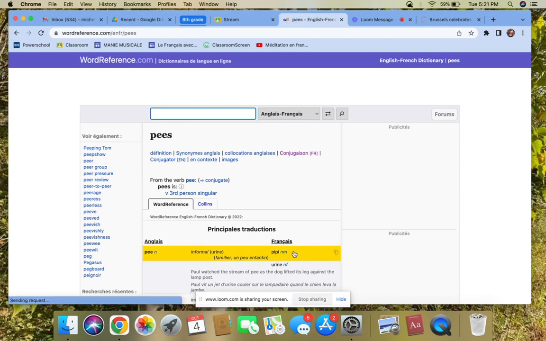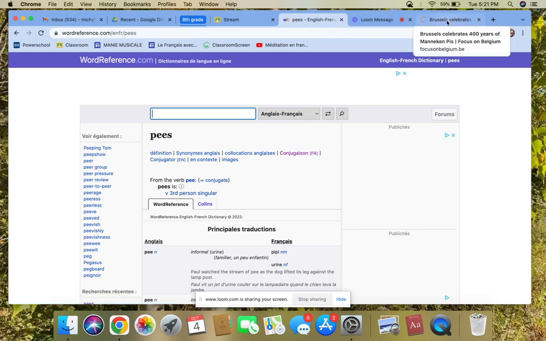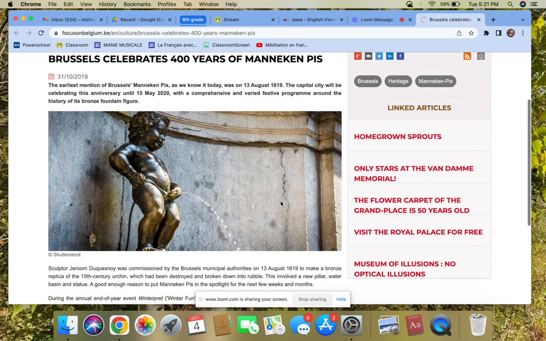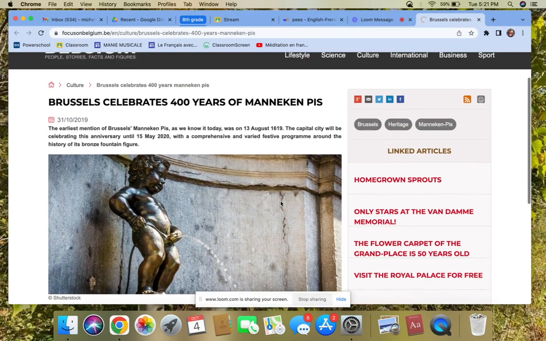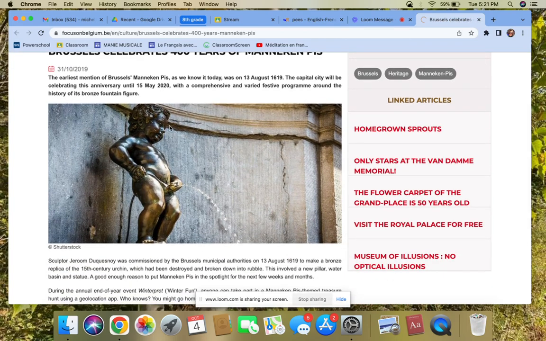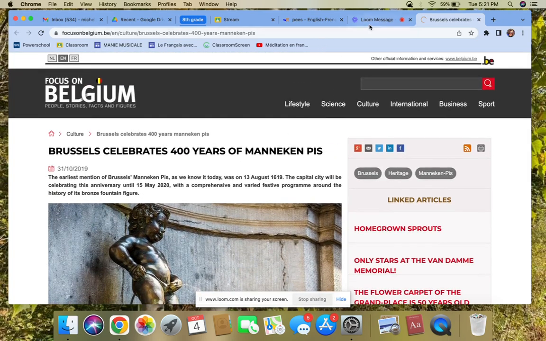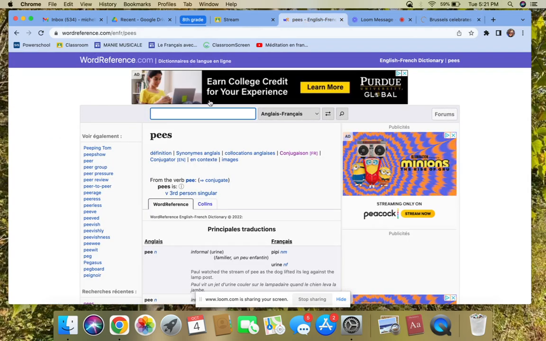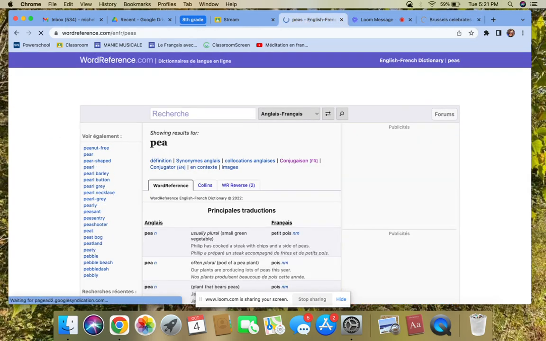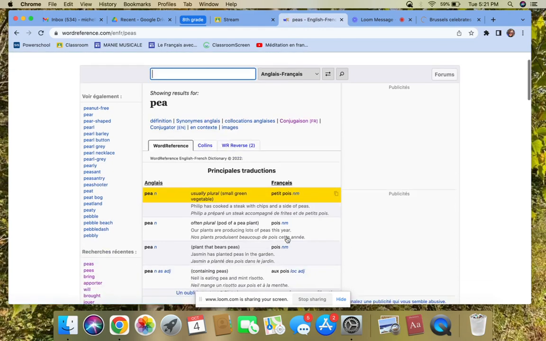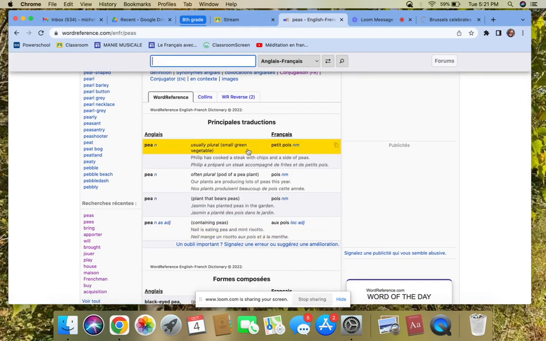That's like going pee-pee, okay? And you might think about this famous statue in Belgium called Le Manneken Pis, which is a little boy peeing. So baby peas versus baby pees. So if I go back to WordReference and I go, oh, wait a minute, I spelled that wrong. Peas. Oh, petit pois. Yeah, that's the word for the vegetable.